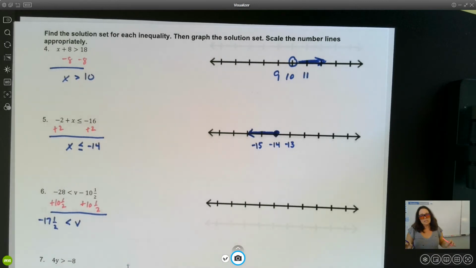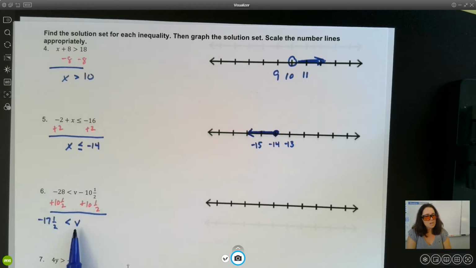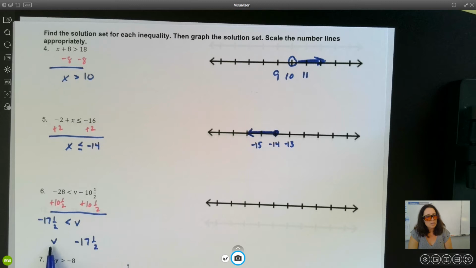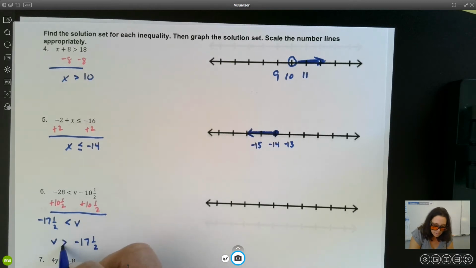Now, please do not ever graph when the letter is on the right, because I will guarantee you, I see it every year, most students would shade to the left. Please take a moment. You remember that in the lesson last time. Please take a moment and write the letter on the left and the number on the right, the big alligator mouth by the letter V in this case.